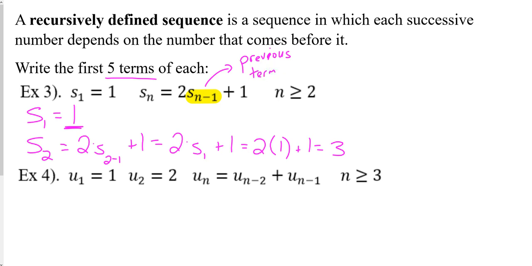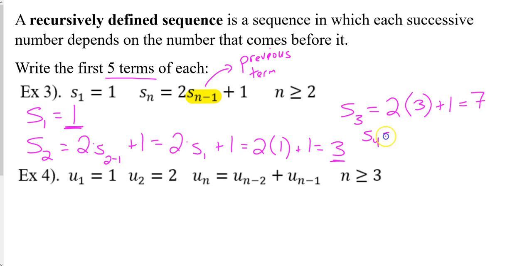Or your previous answer. You can think of it as, on your calculator, if you hit second negative key, you're bringing up your previous answer. So then S sub 3 would be 2 times our previous answer, which was 3, plus 1, which is 7.